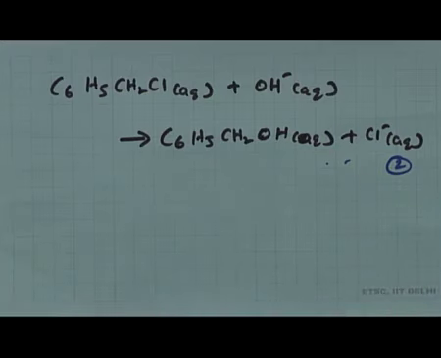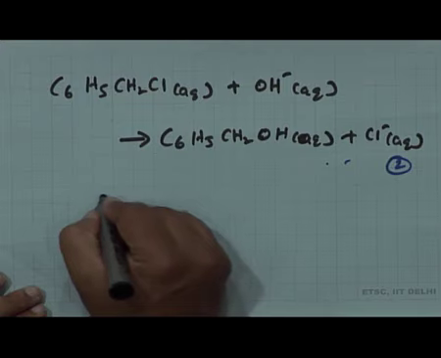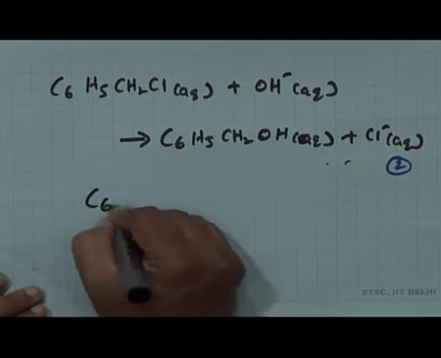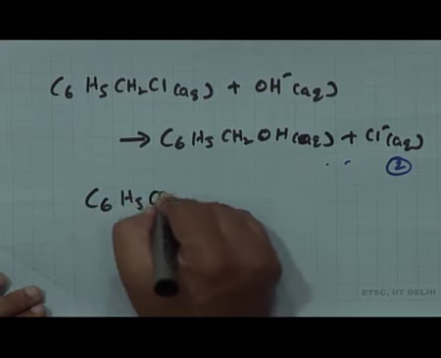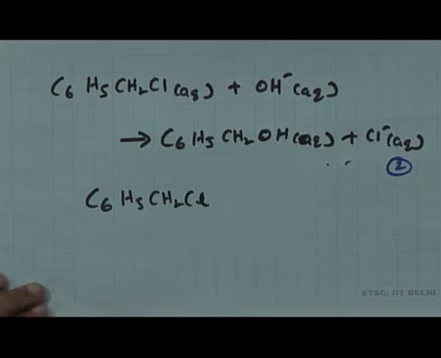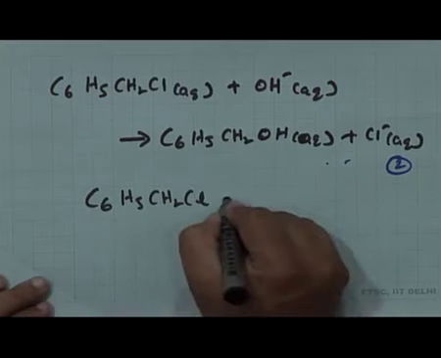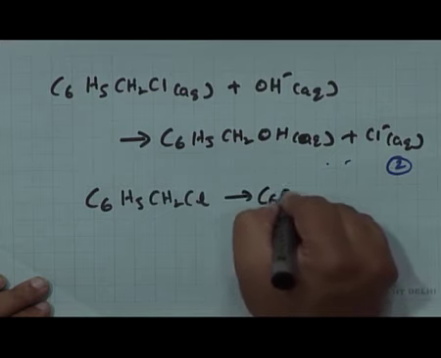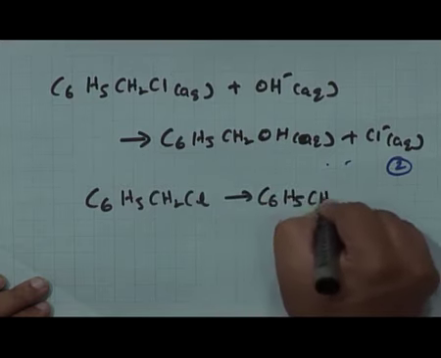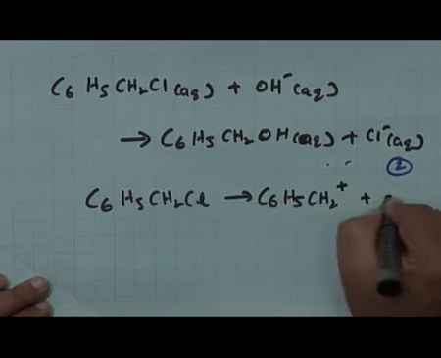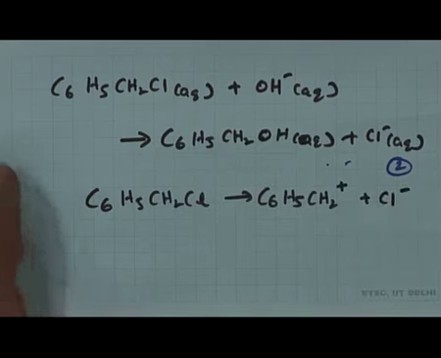Now, all evidence tells you that this reaction is not elementary in nature, that means it happens in multiple steps. And what are the steps? The steps are C6H5CH2Cl giving you C6H5CH2 plus Cl minus.